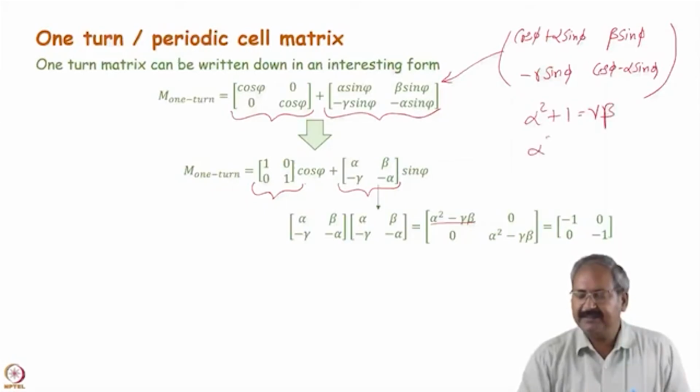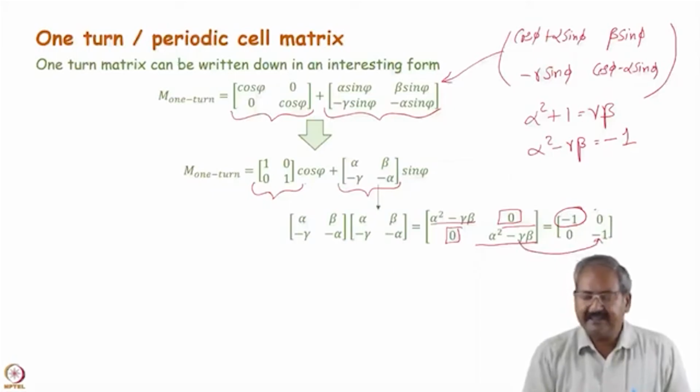So alpha square minus gamma beta will be minus 1. This element will be 0, this element will be 0, and this element again will be alpha square minus gamma beta, which is equal to minus 1.